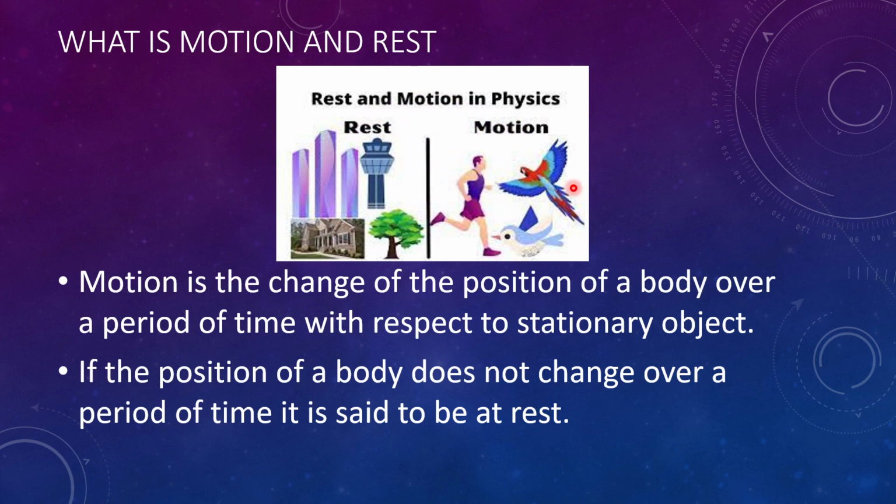See this. Rest and motion. So in motion, a man is running, a bird is flying, another bird is flying. But when it is at rest, a tree is standing, which is at a stationary phase, means it's not moving at all. A house, a glass tube, and also an aeroplane tower.